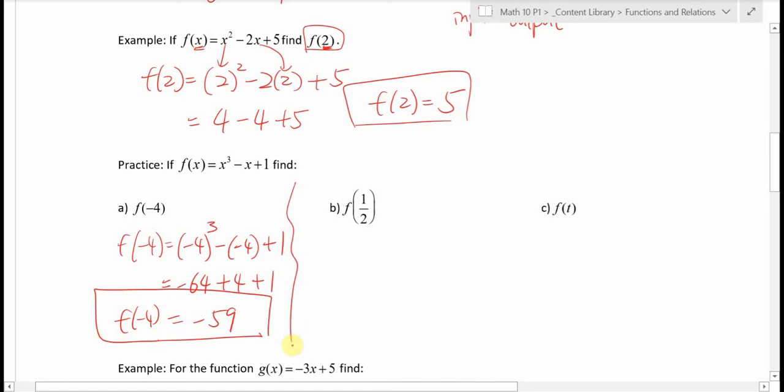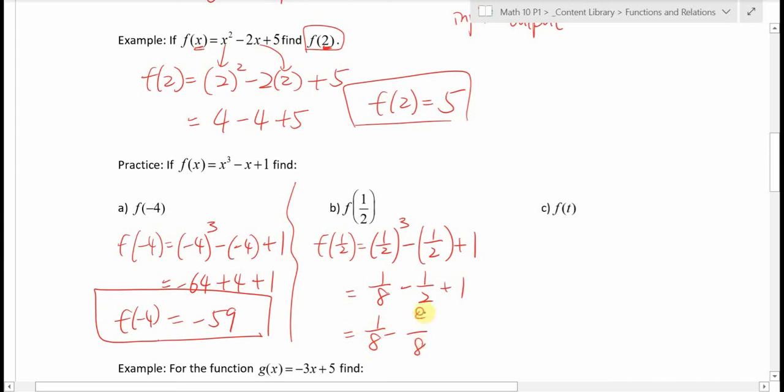For the second one, f of 1/2. In this case, we're going to put 1/2 into x instead. So 1/2 cubed minus 1/2 plus 1. 1/2 cubed is 1 over 8, minus 1/2 plus 1. All these are fractions, so I need a common denominator, which in this case would be 8.